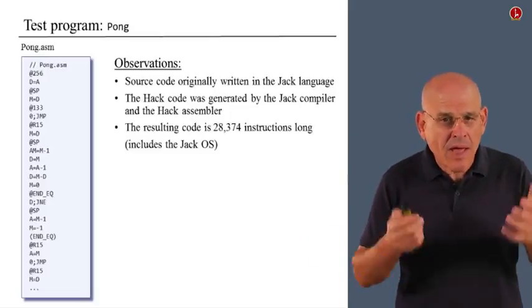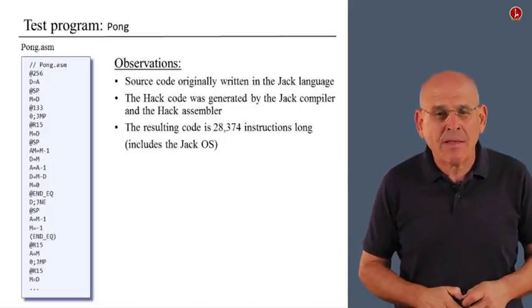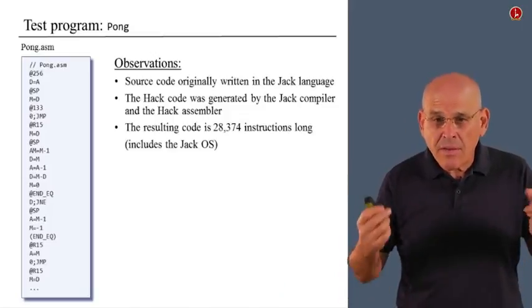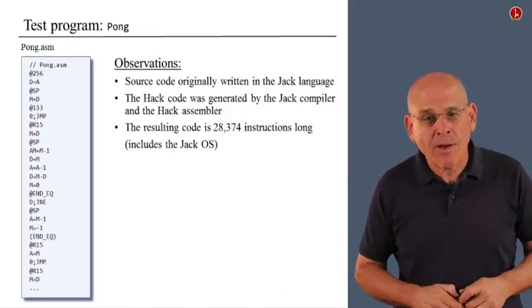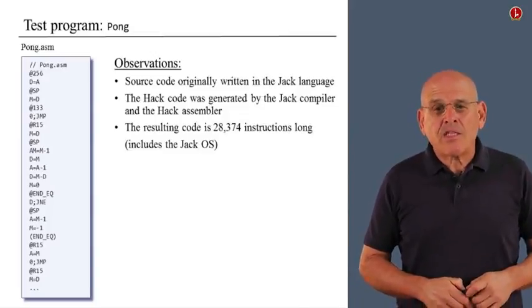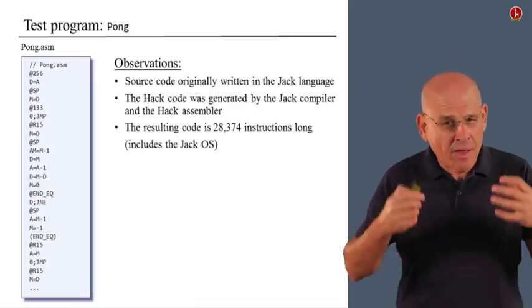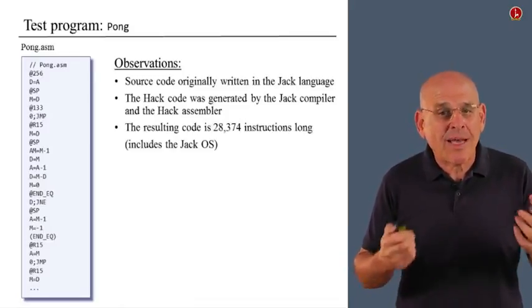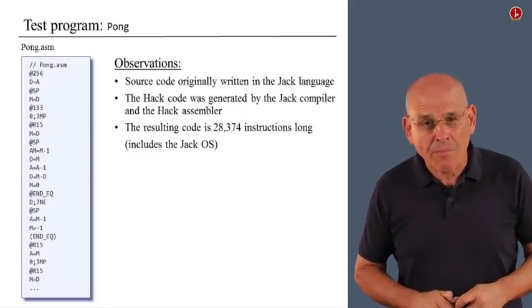Taken together, we have an assembly language program, and if you translate it into binary code, then bingo, you have something that causes your computer to play Pong. And so we thought that it's important that as part of this project, you will also translate a so-called industrial strength program, and Pong is one such program.